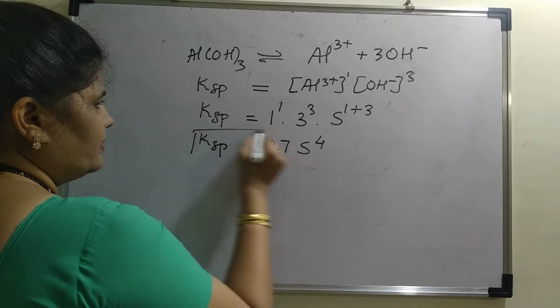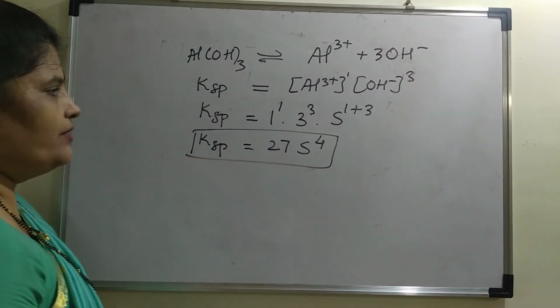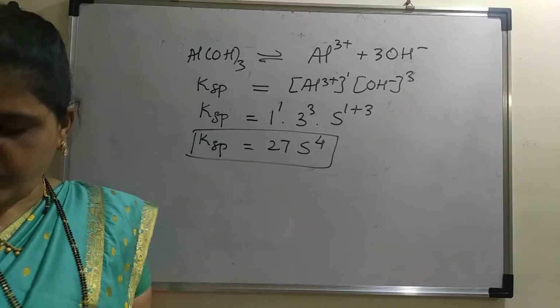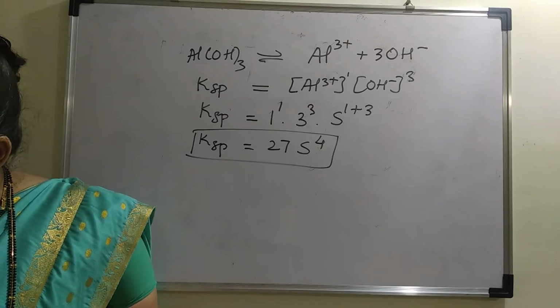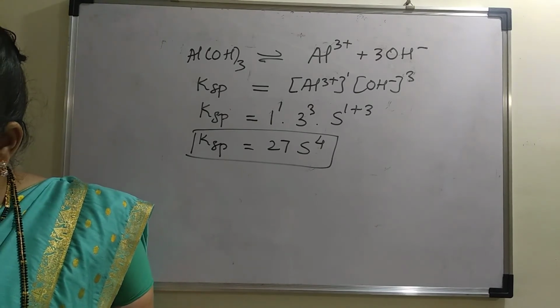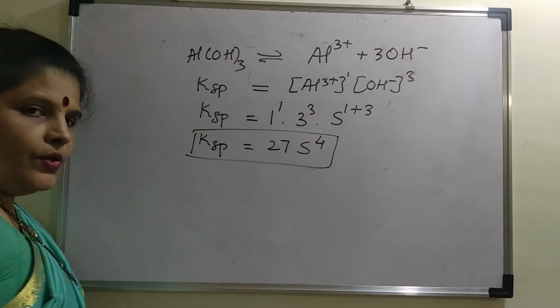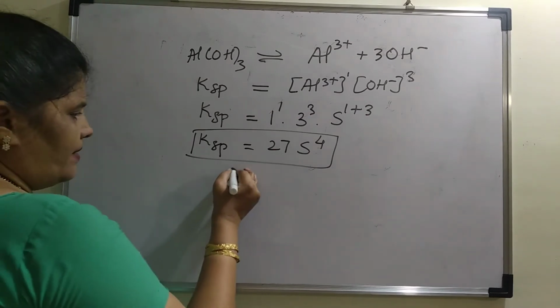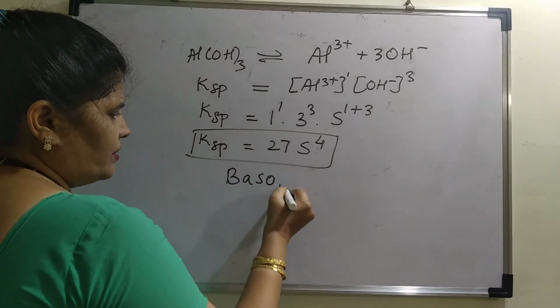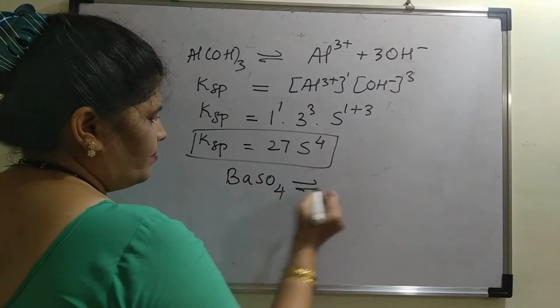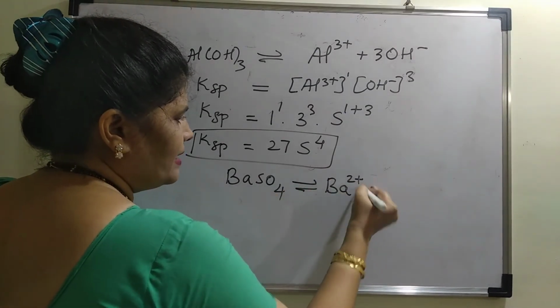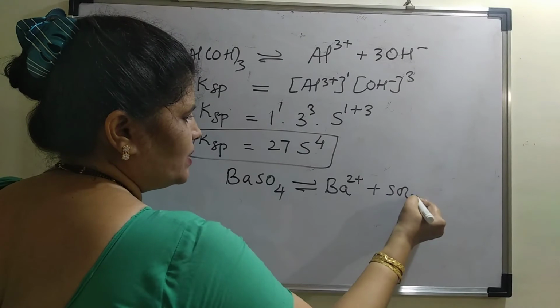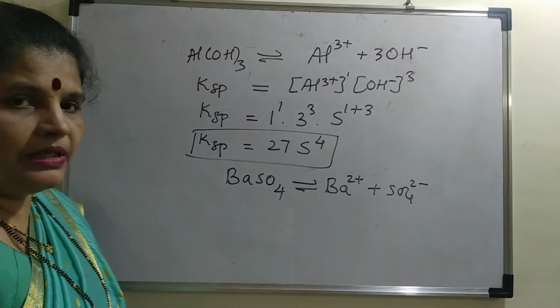So what is the relation? Ksp is equal to 27 S^4. So I will give you one salt. You can try this salt here, that is barium sulfate. You can do this simultaneously. Barium sulfate, how will you form it here? Ba2 plus, SO4 2 minus, right?